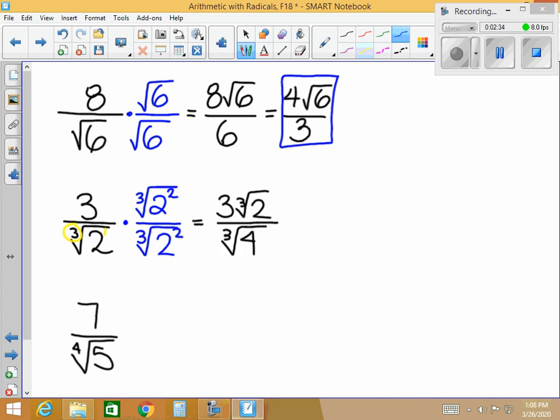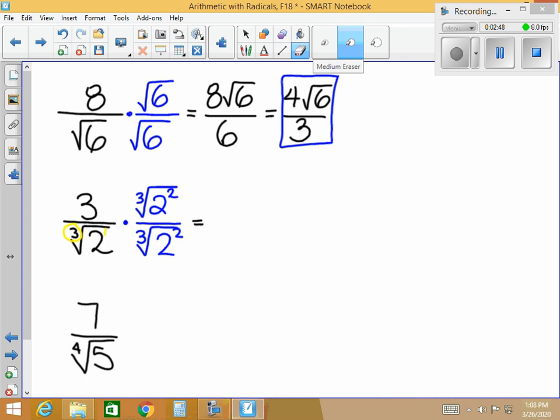As long as I multiply the top of the fraction and the bottom of the fraction by the same thing, as long as I multiply that fraction as a whole times the number 1, I've changed the way it looks, but I'm not changing its value. That means on top, I have 3 times the cube root of 4. I'm going to put that 2 squared back together since nothing's going to be set free there.